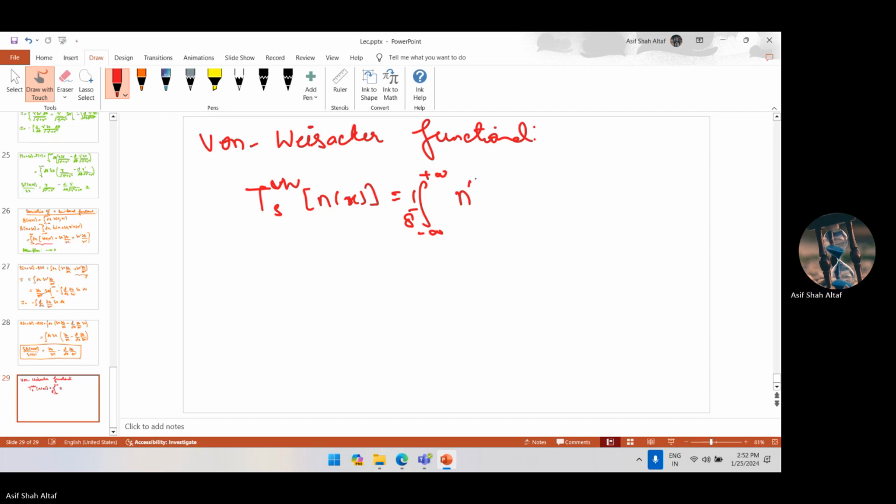Right? So n here is the electron density, and the dash here represents the gradient. So if we want to find the functional derivative for this functional, one way is to just use the first principles approach, but that will be very lengthy.